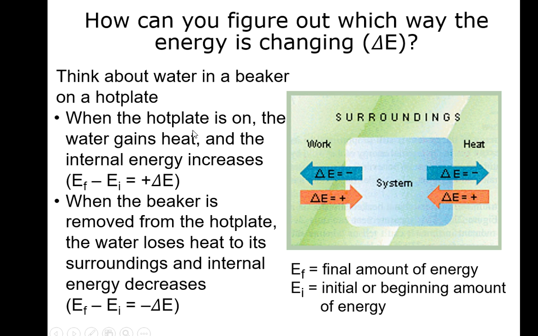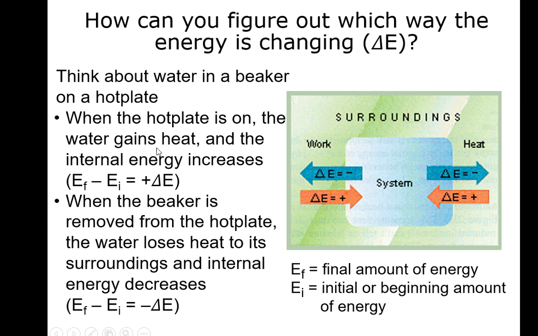Now, if the hot plate is on and the water is on the hot plate, then after a while the water is going to have more energy, it's going to have more heat afterwards than it did in the beginning. Now, we always show change in energy by looking at the amount of energy afterwards minus the amount of energy before.